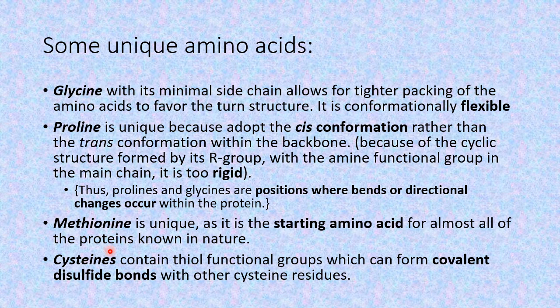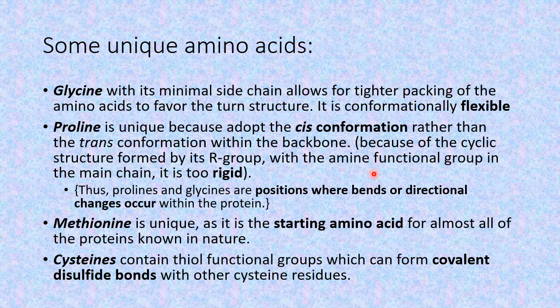Another unique amino acid is methionine, and it is unique because it is the starting amino acid for almost all of the proteins that are known in nature. Similarly, cysteines have thiol functional groups, and these thiol functional groups present on cysteines form covalent disulfide bonds with other cysteine residues present in the protein molecule.